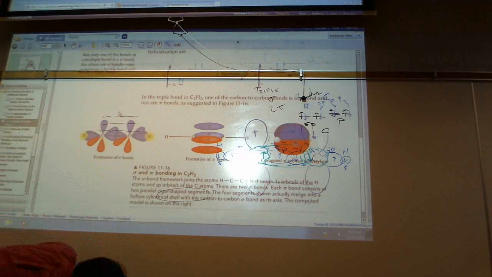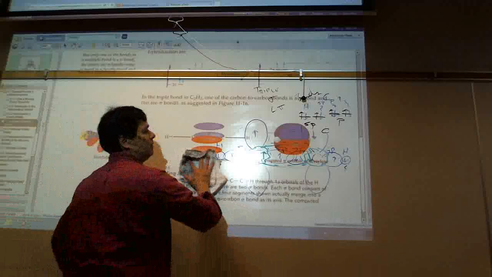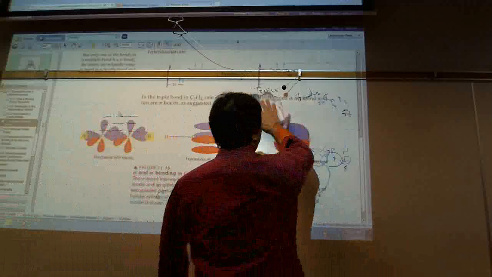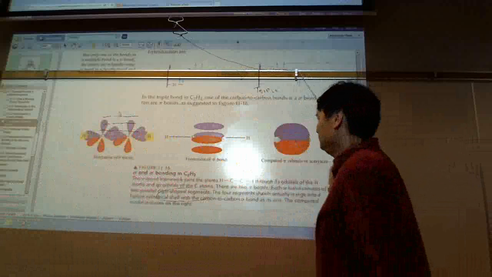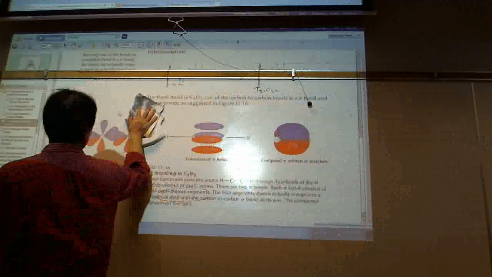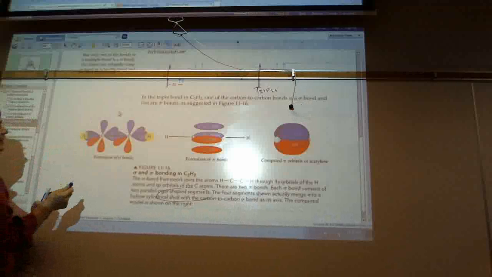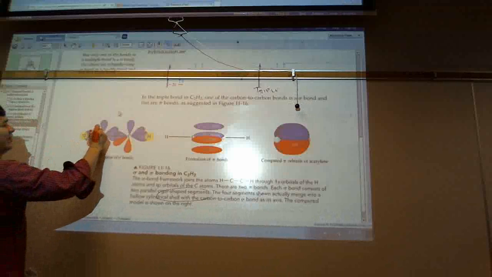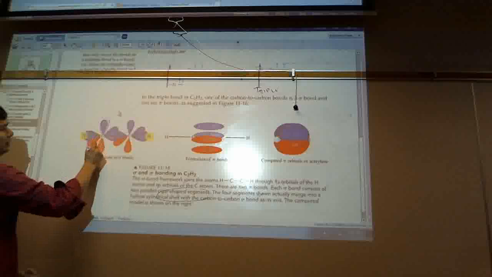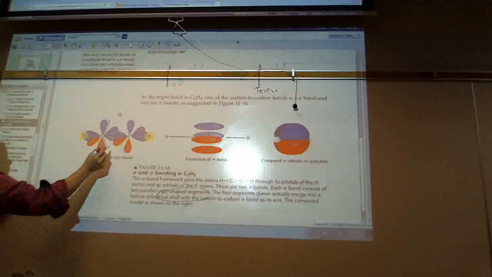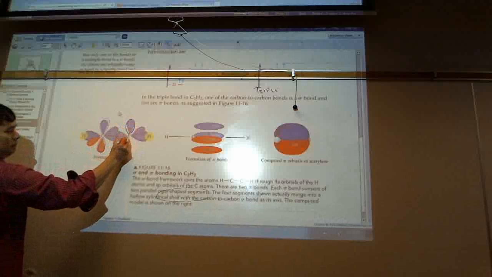Let me erase this. Okay, here's the purple p orbital, like this.